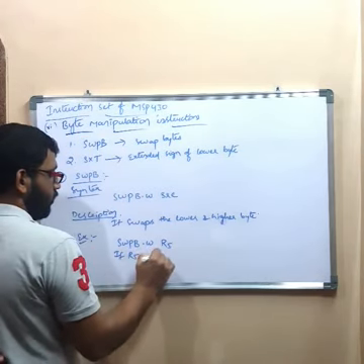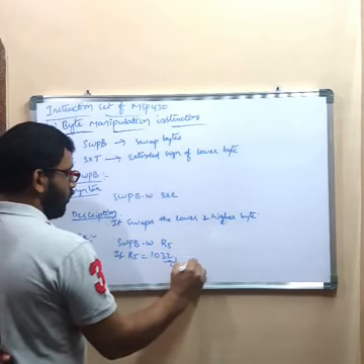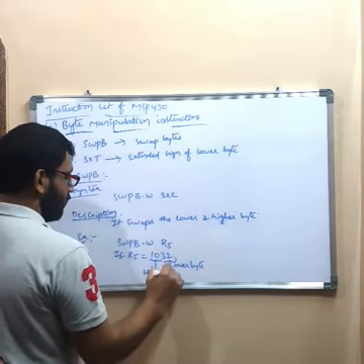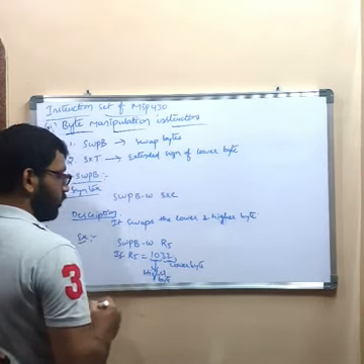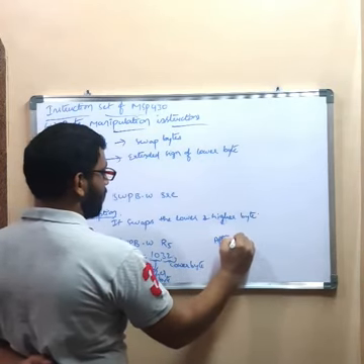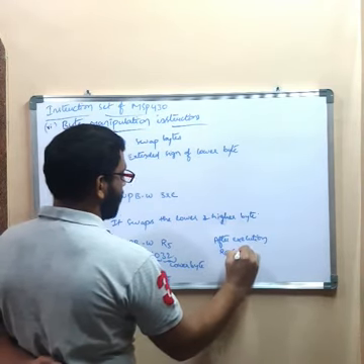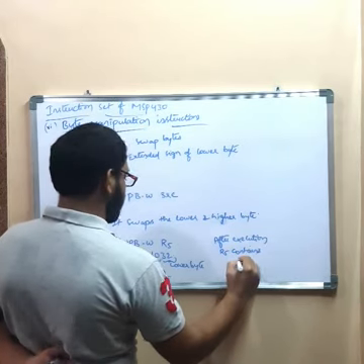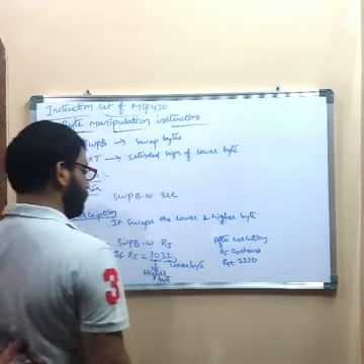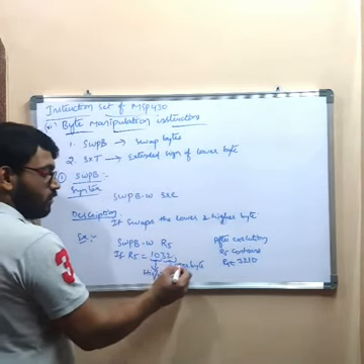If R5 is equal to 1032, this is lower byte, this is higher byte. After execution of this instruction, R5 contains 3210.